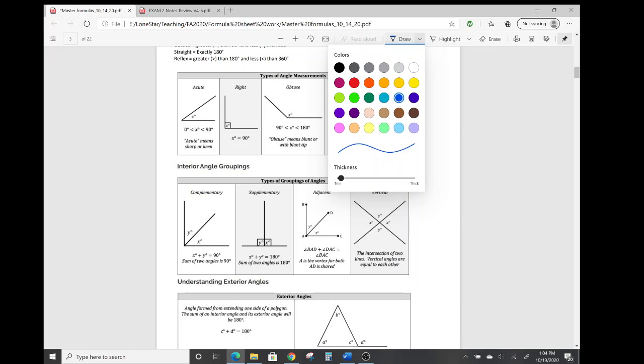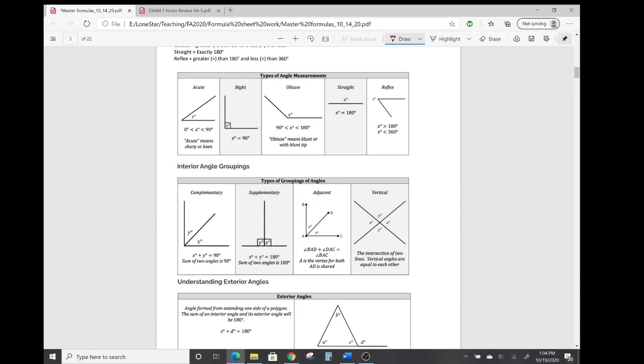We measure the angle here. So that's between 90 and 180. That angle is 90, and this is less than 90 and greater than 0.